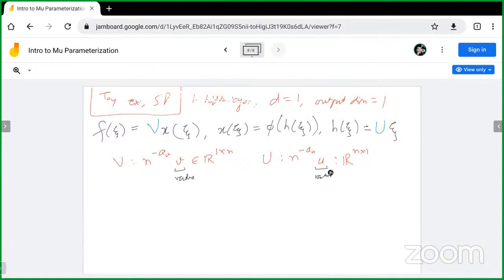So now, as before, think of little v and little u as the actual triangle parameters. As usual, we will sample every entry in this vector, so every entry v alpha from the distribution to bv, and every entry u alpha.